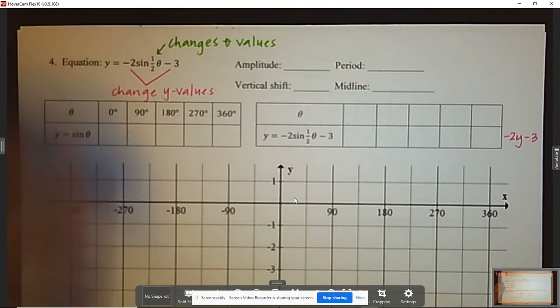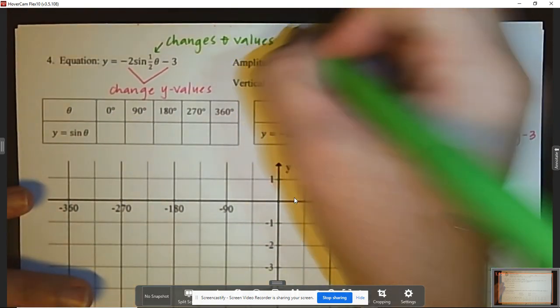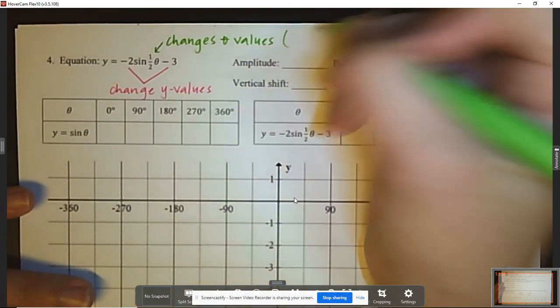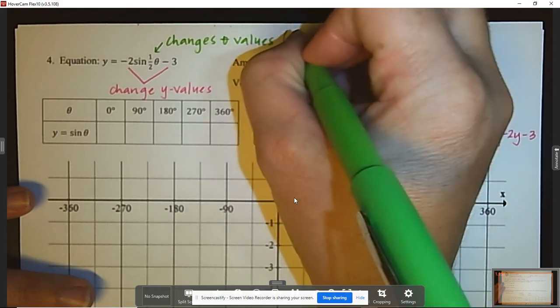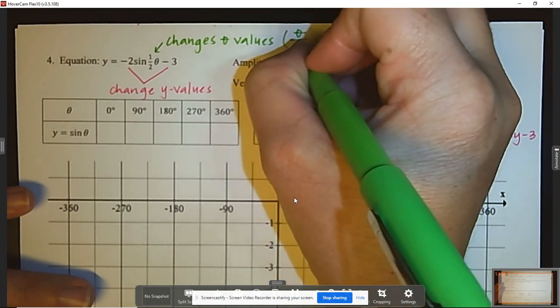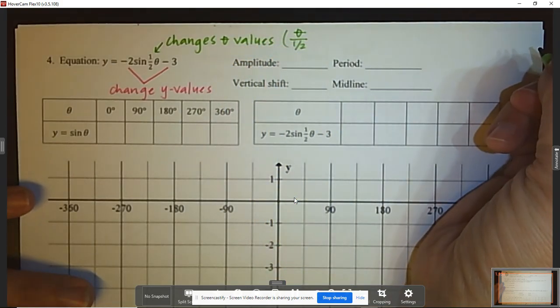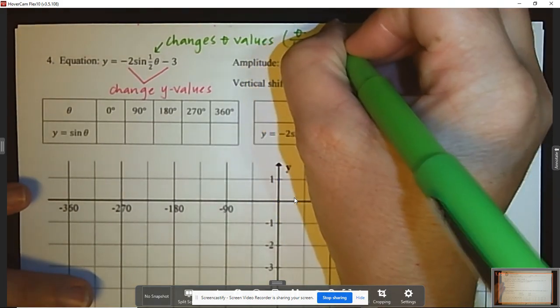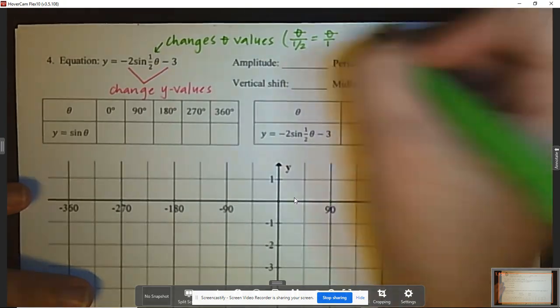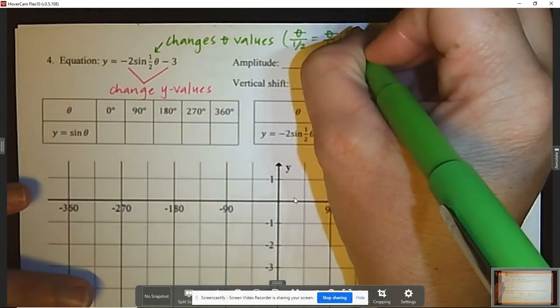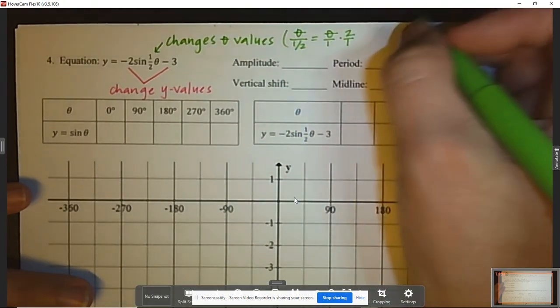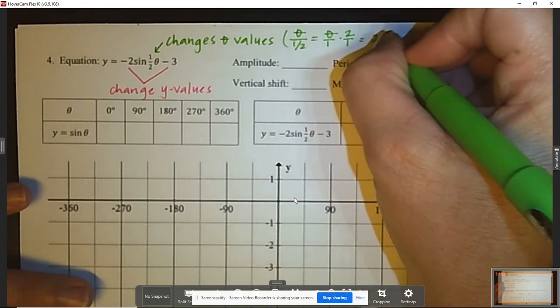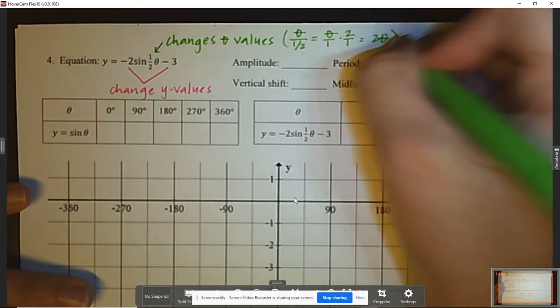So what we would do here, and I'm going to write it up here, is we would take theta and we would divide by 1/2. Well, dividing by 1/2 is yucky. It is going to look like this. I'm going to put theta over 1, and I'm going to multiply by the reciprocal because that's how I divide fractions. Well, in the end here, this just is 2 times theta.